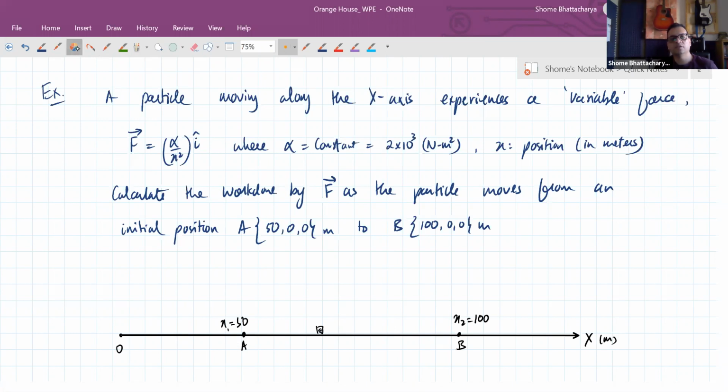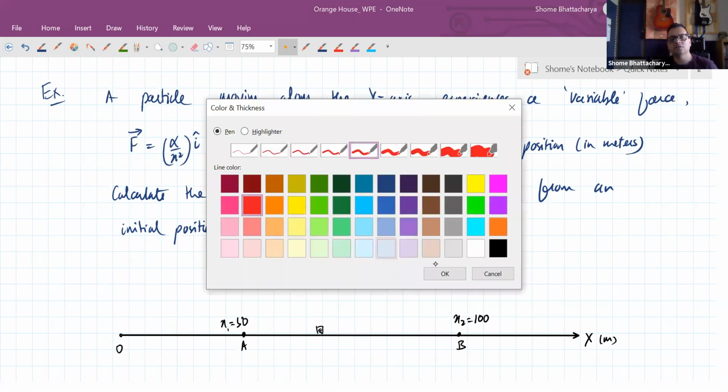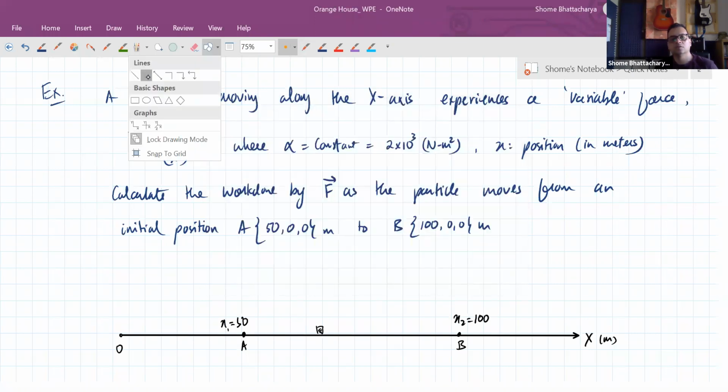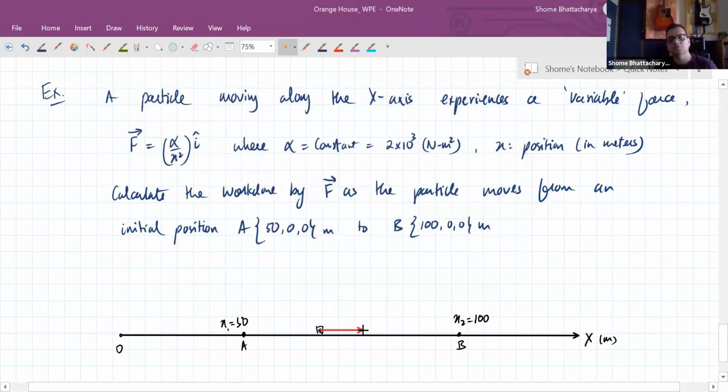Now, while the body is moving in between, what is happening? The force acting on it is along the x-axis only, but it's a variable force. So when it is here, what is the magnitude of the force acting on it? The magnitude of that force is alpha by x square.